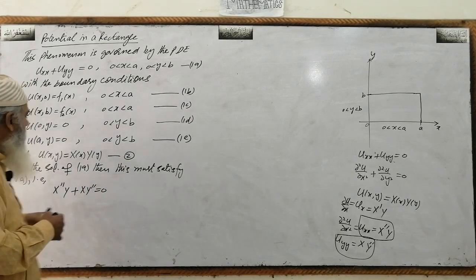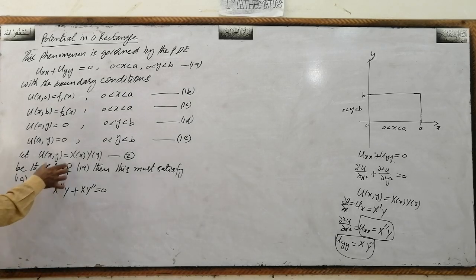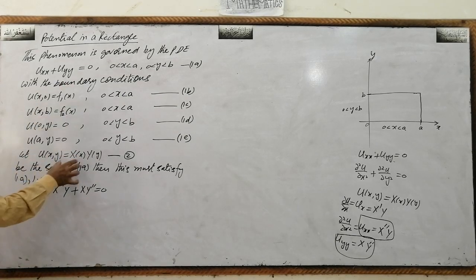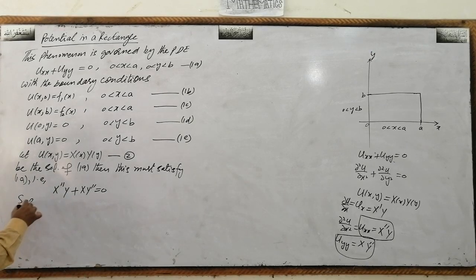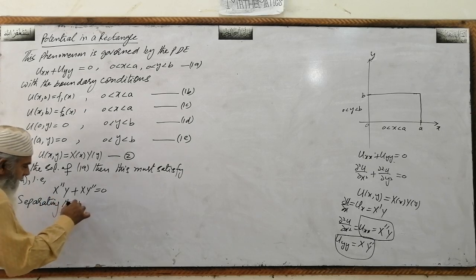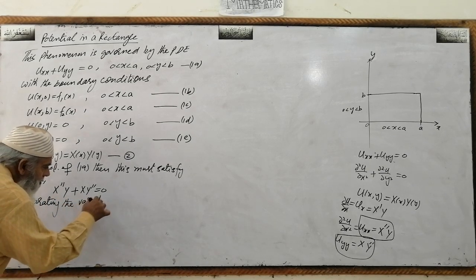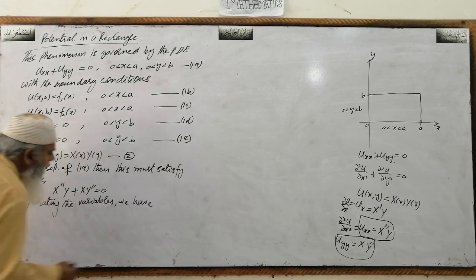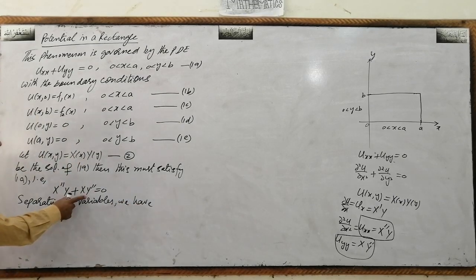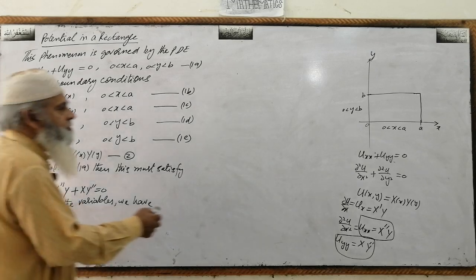Now, you will feel why we have taken the solution of the differential equation in this form, because here we are able to separate the variables. Now, separating the variables, how can you separate the variables? By dividing this equation by xy.